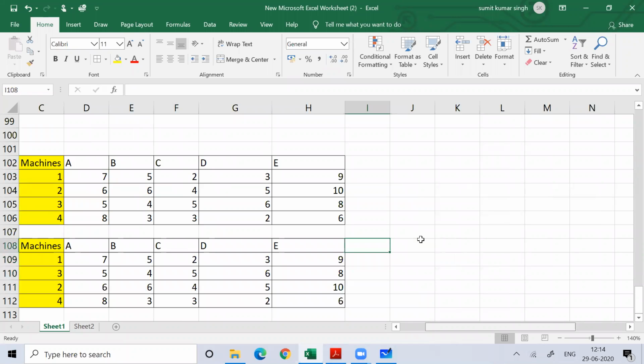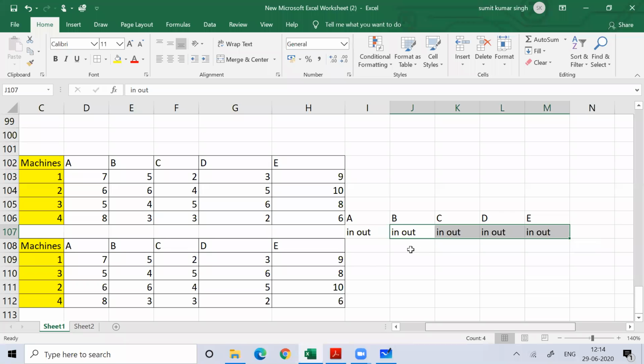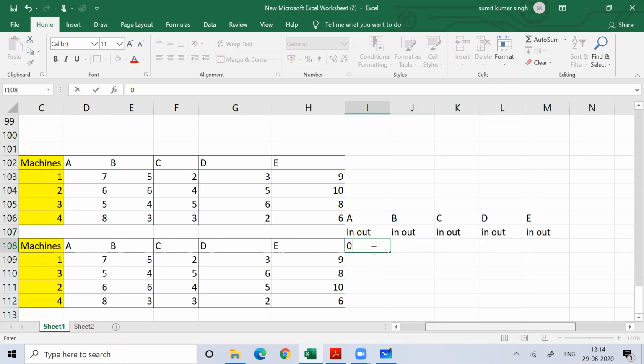Now you can see this is coming very small, so I'll do only in and out here. This is machine A. This would be machine B. This would be machine C. This would be machine D. This would be machine E. We'll start with 0. Then 7. It will take 7.